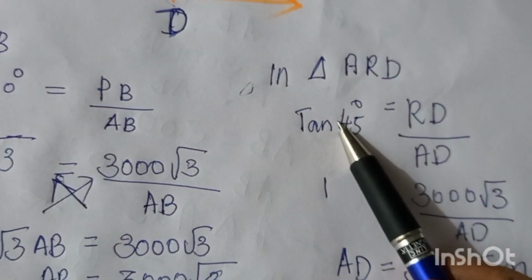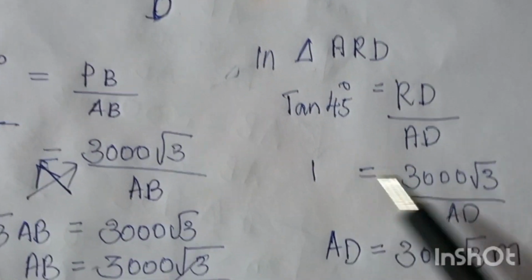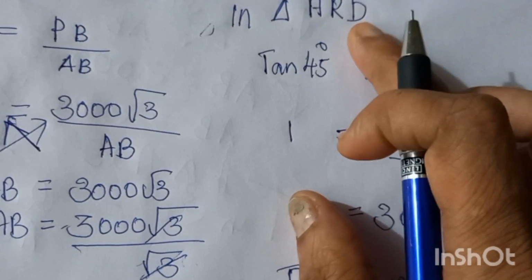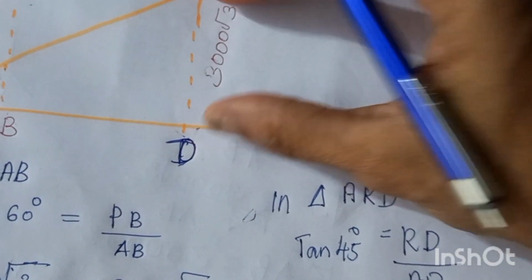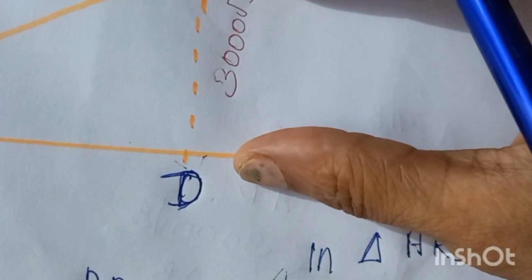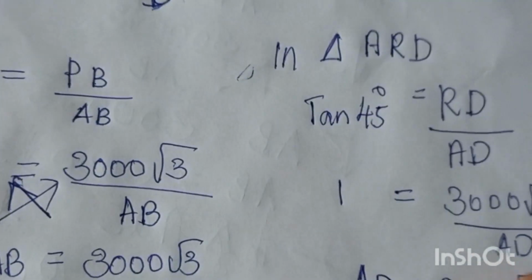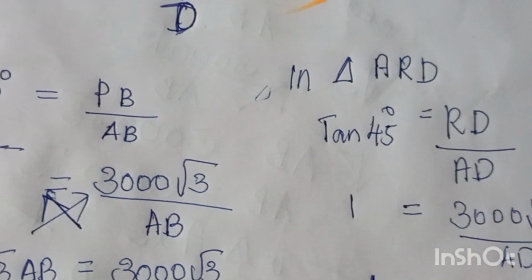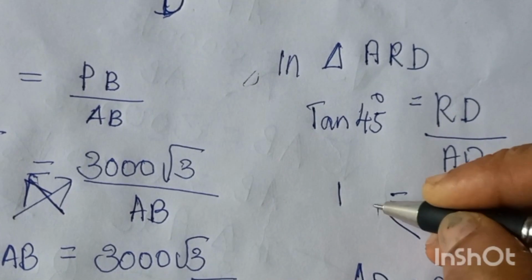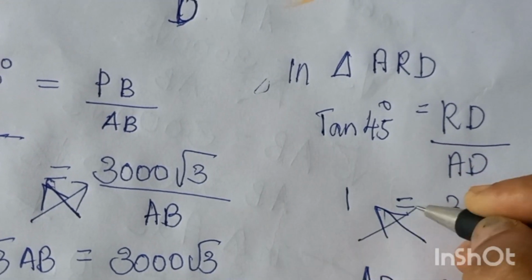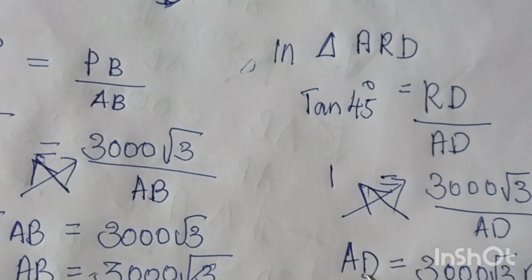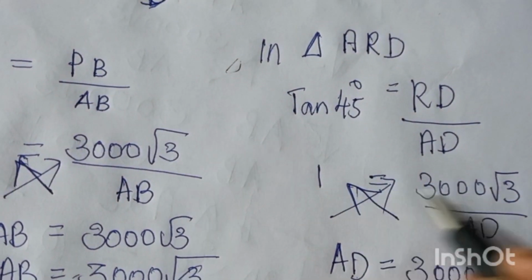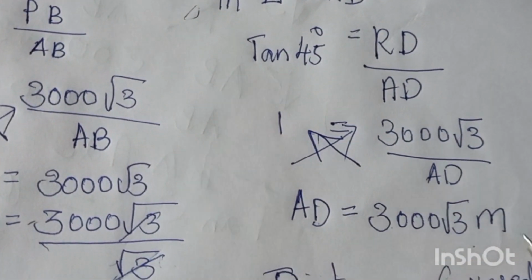So tan 45 we already know that it is 1. 1 is equal to RD, it is given as 3000 root 3, so we have to substitute that value. Then just cross multiply this. We get AD is equal to 3000 root 3 meter we get.